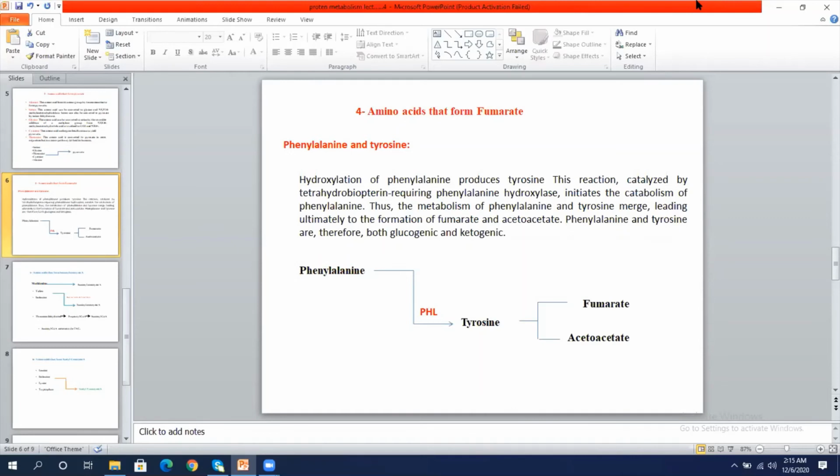Thus, the metabolism of phenylalanine and tyrosine merge, leading ultimately to the formation of fumarate and acetoacetate. Phenylalanine and tyrosine are therefore both glucogenic and ketogenic amino acids. Phenylalanine is converted into tyrosine and tyrosine to form fumarate and acetoacetate.